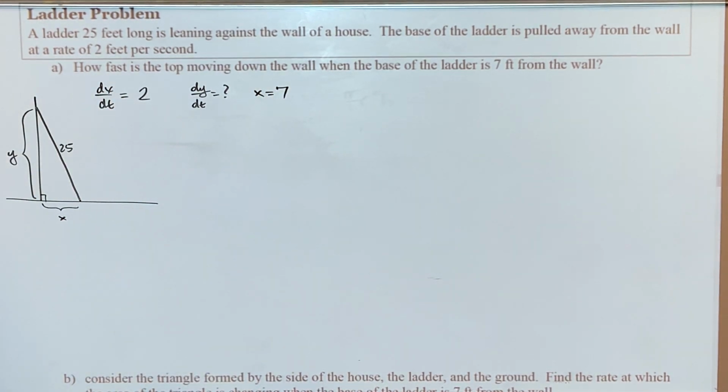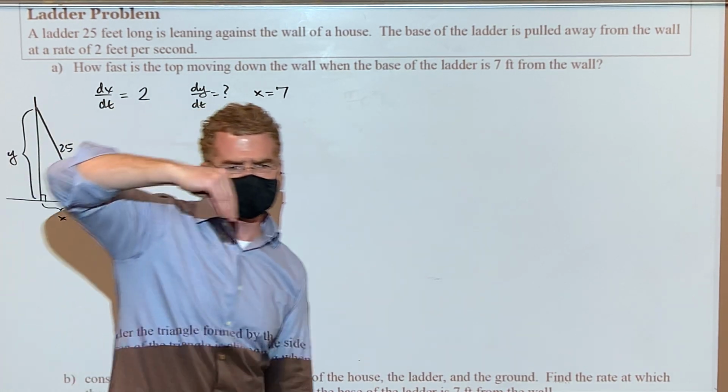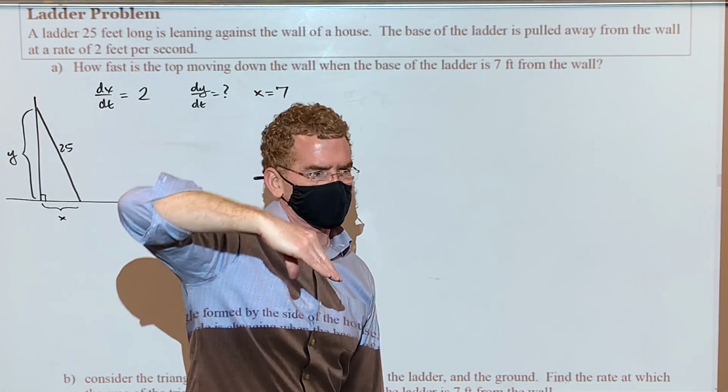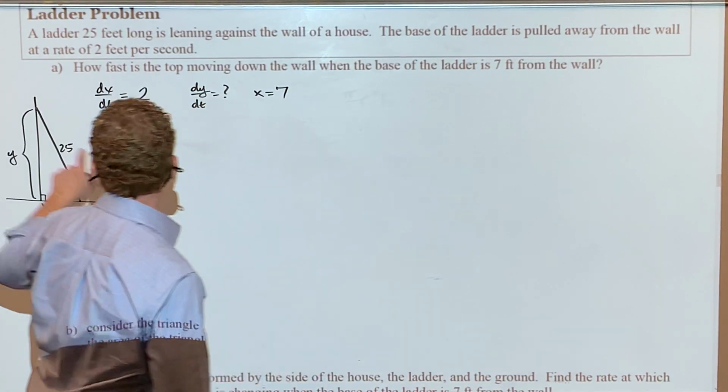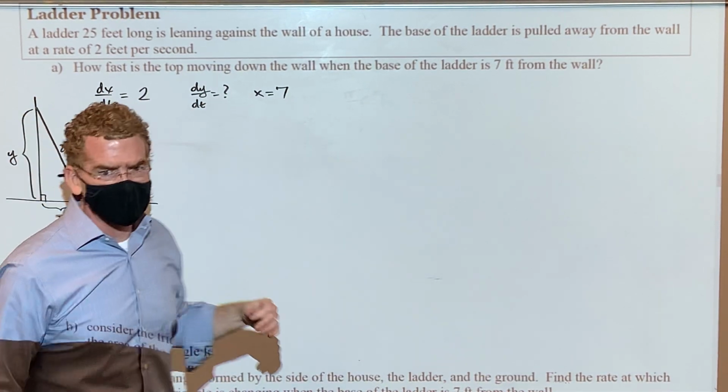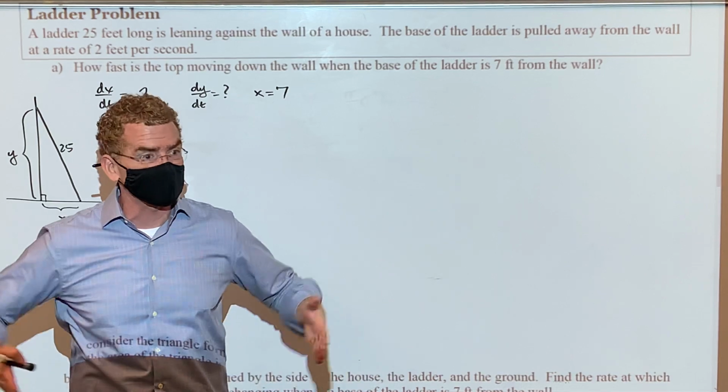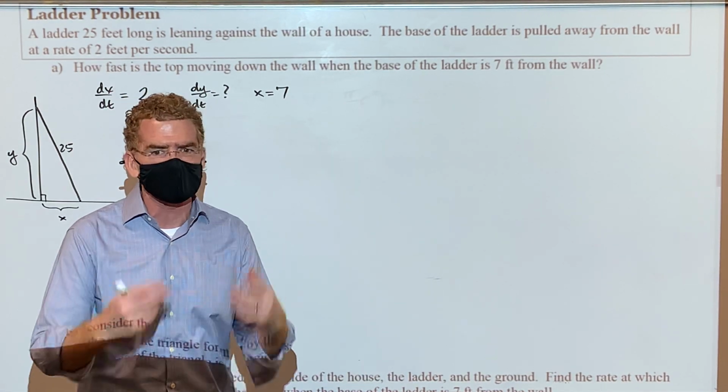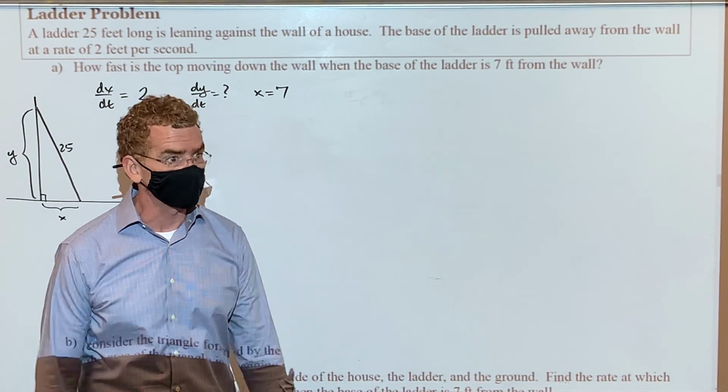Are you with me? Now, do I have a relationship that relates all three of these values? Yeah, I do, which is the Pythagorean theorem. Sometimes the question will ask things like, at what rate is the angle of the ladder with the wall changing? Then I'd have to think more than just the Pythagorean theorem because I need to work a theta in there, maybe with a trig function.